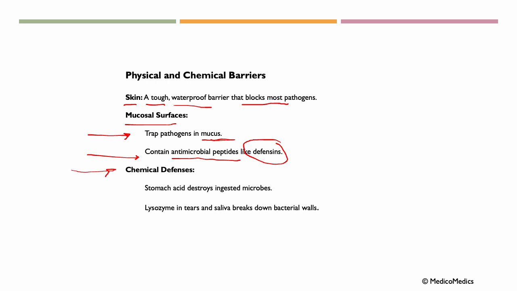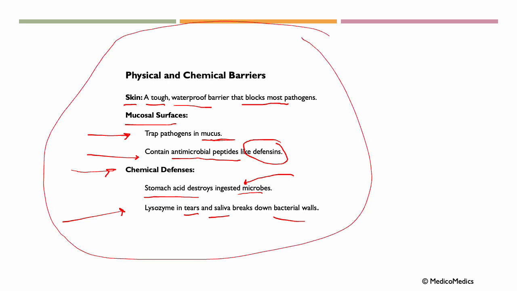Then we have the chemical defenses. Stomach acid, for example, which helps destroy ingested microbes. We have a lysozyme, which is in tears and in our saliva, that helps break down bacterial walls. So this is all part of our immune system. Innate immune system, to be specific.